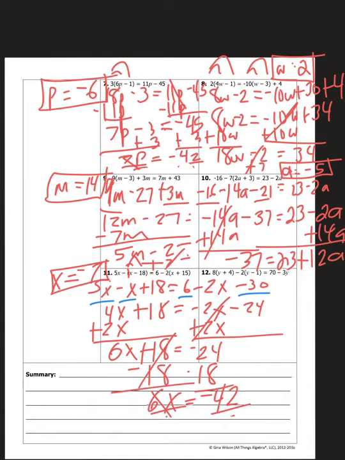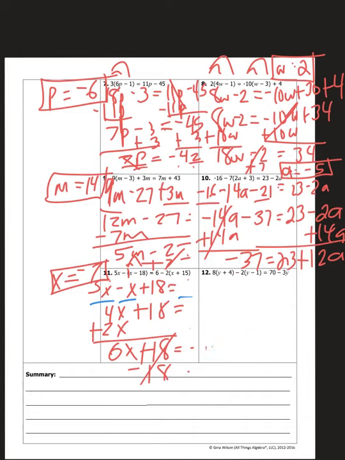And last but not least, number 12. Lots of distribution. Okay, 8y plus 32. Why aren't you working? That was weird. 8y plus 32 minus 2y plus 2.